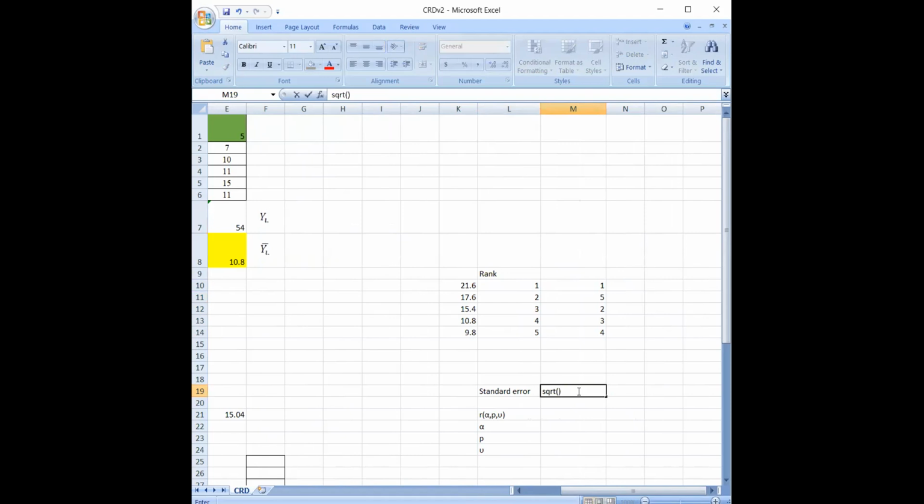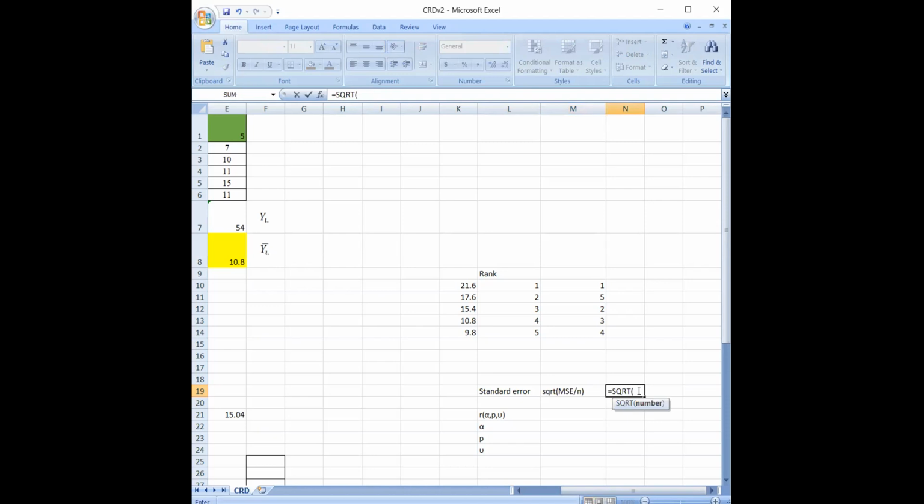That is the square root of the mean square error value from your ANOVA table divided by n, since you have an equal number of replicates for each treatment in this example. So you have to take the square root value.